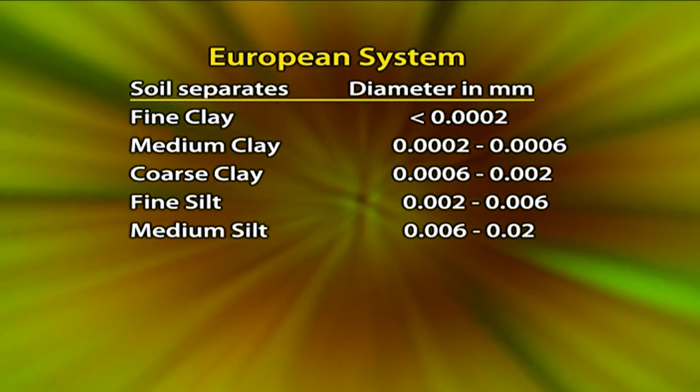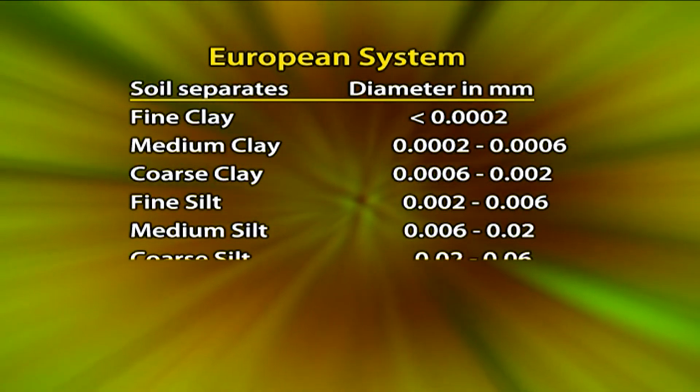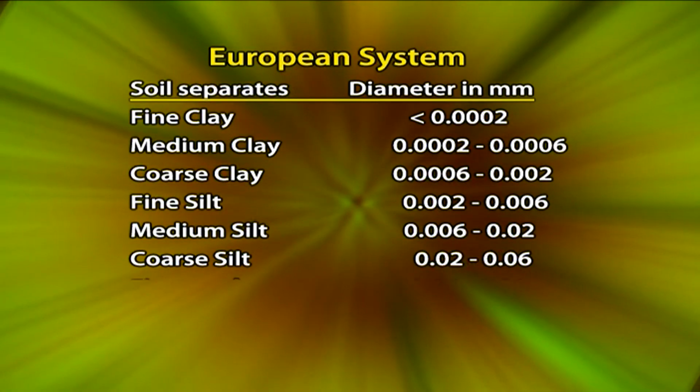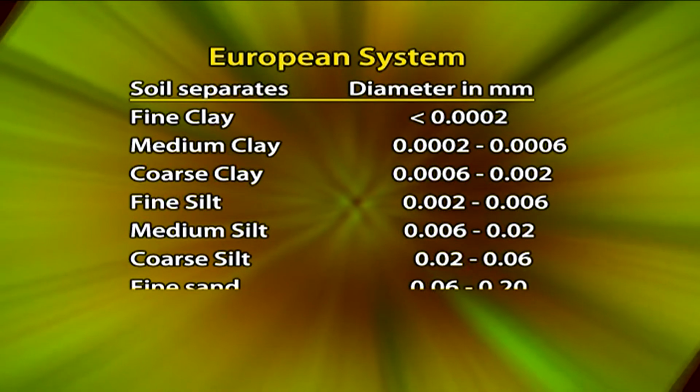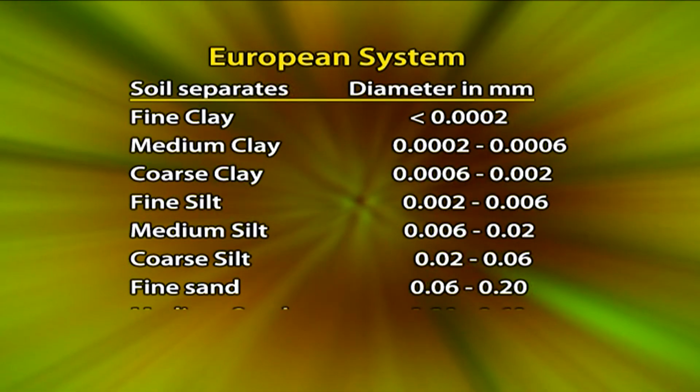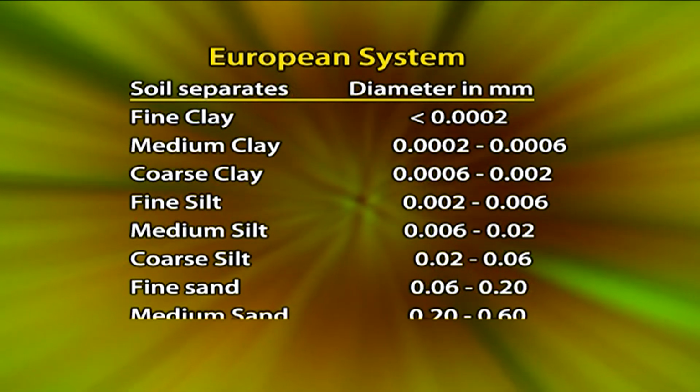Similarly, medium silt is having the diameter of 0.006 to 0.02 mm. Coarse silt ranging between 0.02 to 0.06 mm.